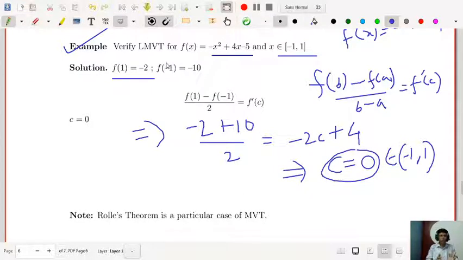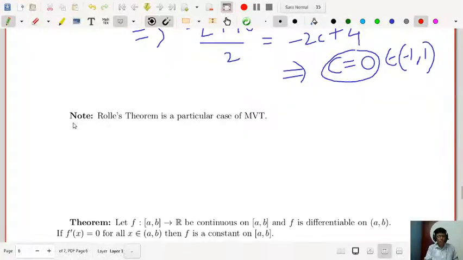It is very close to Rolle's theorem, the only difference being that you don't have the third condition. So we can state now that Rolle's theorem is a particular case of Lagrange's mean value theorem. Why?